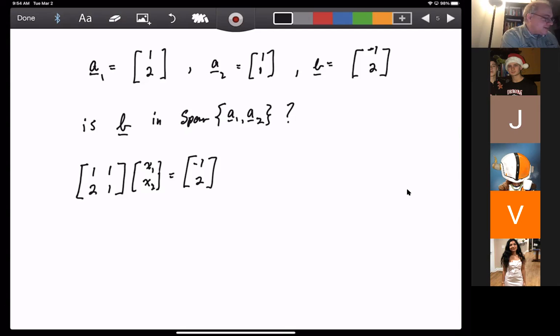It's pretty easy to tackle directly, but what if we had vectors that had 40 entries each, and this was a really large system? How could you tell whether it was solvable? Do we put it in RREF form? Exactly. Good, good, good.